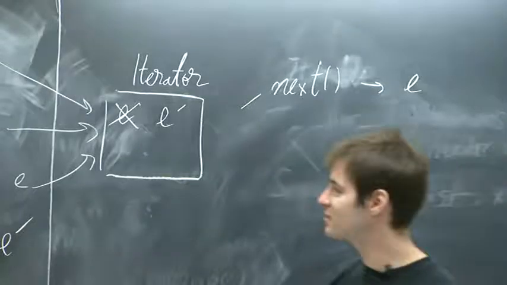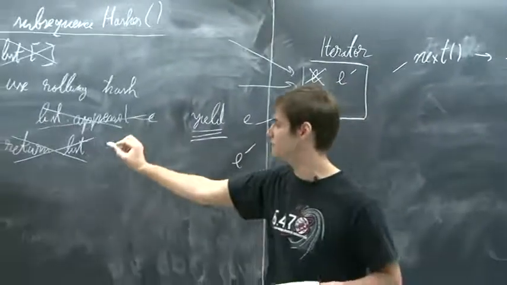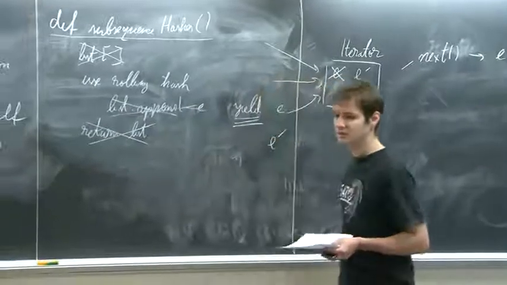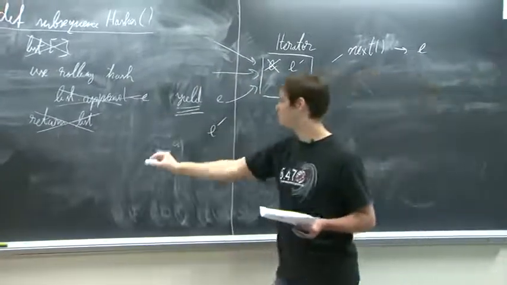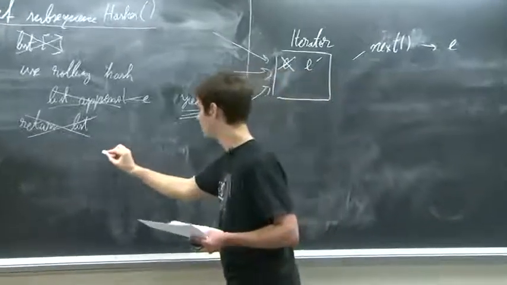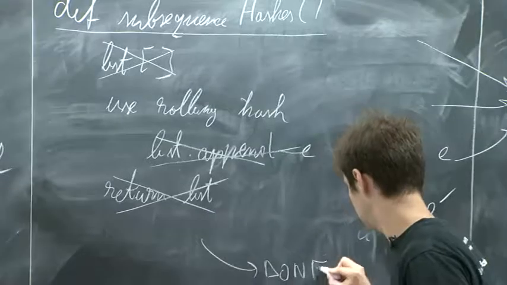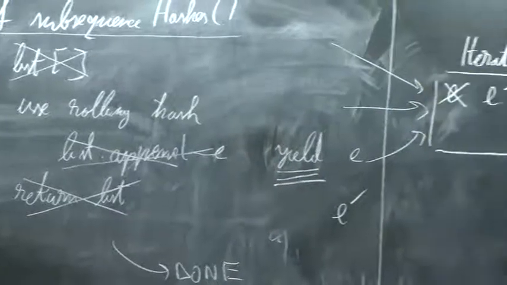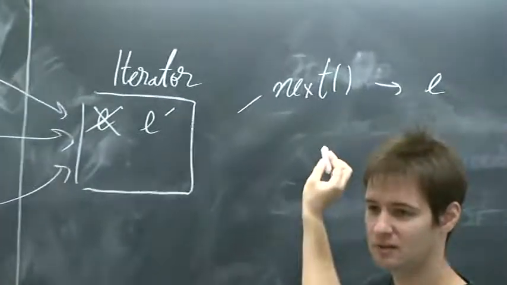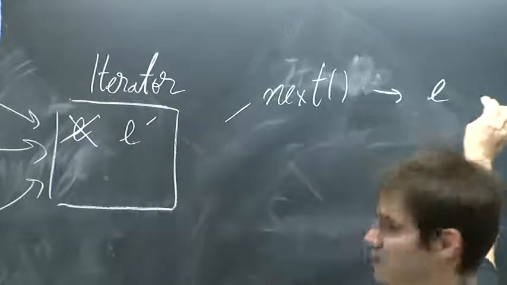Now what happens when we're done? What happens when this loop is done and you return from this method? We said there's no return value. It raises stop. So when we return, it's going to remember that it's done. The first time, it has some element here that it has to return. Every time you call yield, we put a new element in the box and we return the old one.